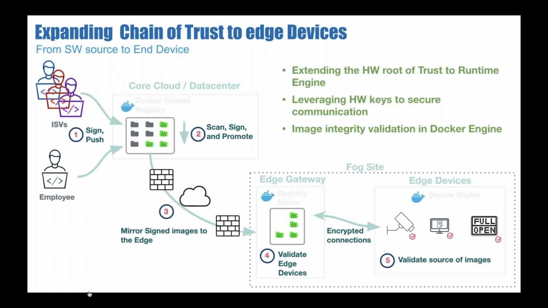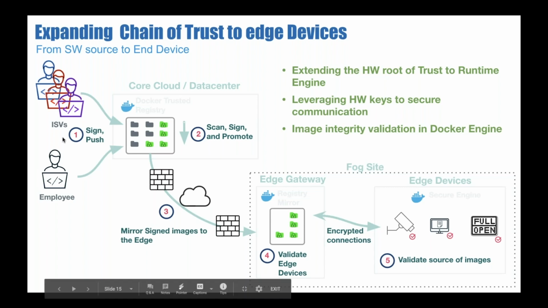So at a high level, what we're looking at here is an extension of the chain of trust that starts from the developer and goes all the way to the end device. This is one example of how this can be accomplished with cloud native development tools. So let's walk through each one of these points and describe what this does.